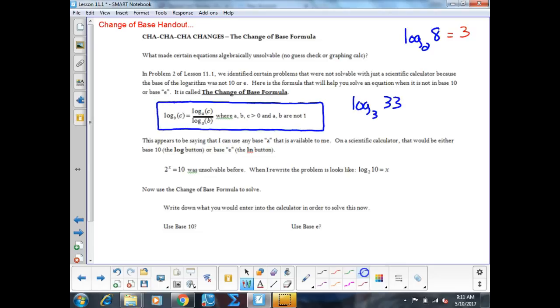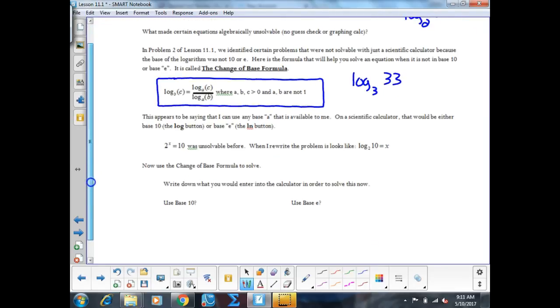So if I have log base B of C, I can take, and I don't even want you to copy that one down, let's go down here.